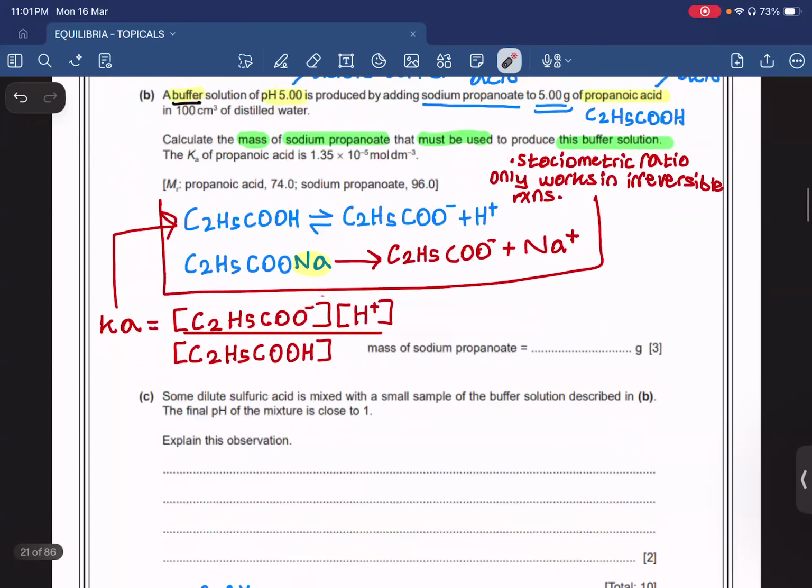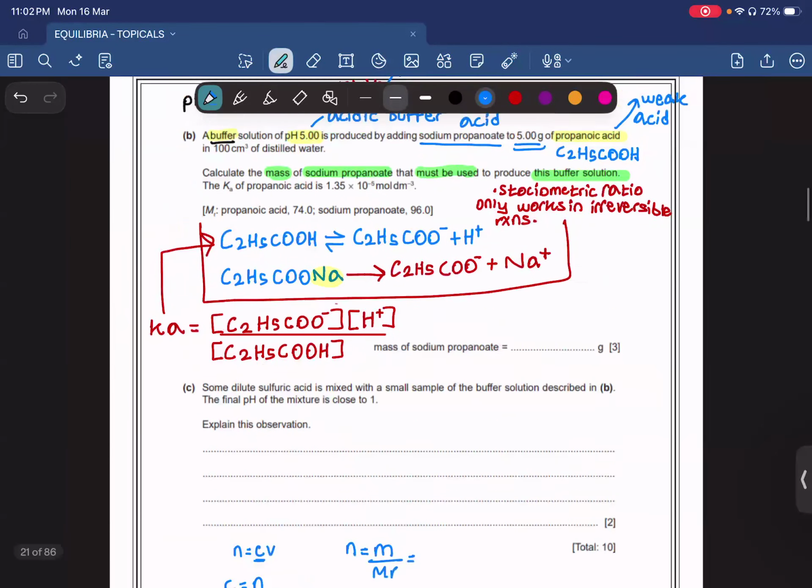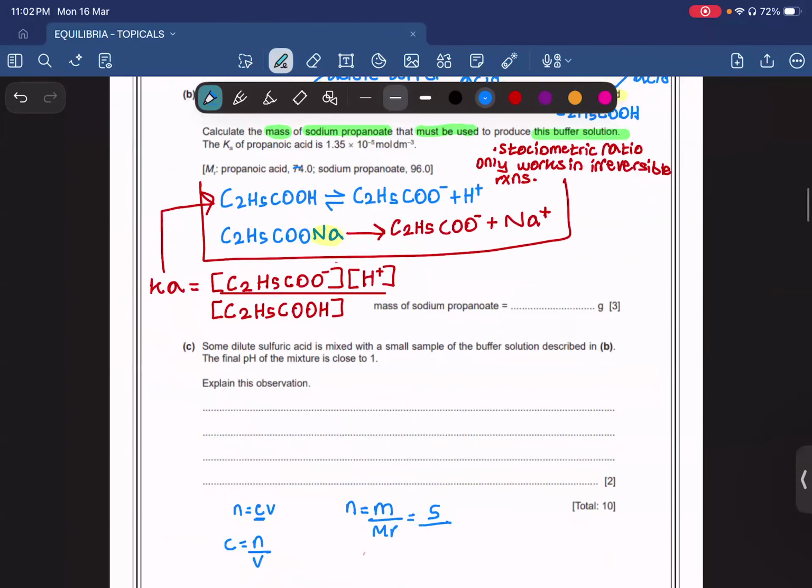We don't. But we can use a formula to calculate the number of moles of propanoic acid, which is mass upon molar mass. We have the mass, which is 5 grams. We have the molar mass, which is 74. So this is just basically 5 over 74. Why are we doing this? To get the moles of propanoic acid. 5 over 74 is 0.067, or let's say 0.068 moles.